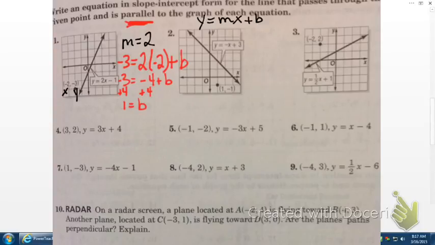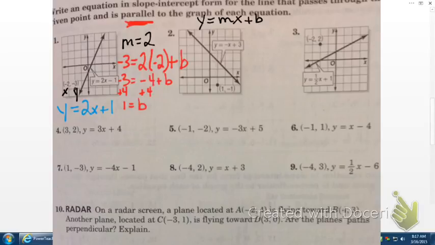What I have to do is put this in slope-intercept form. So your answer, which I'm going to write in blue, is y equals 2x plus 1.